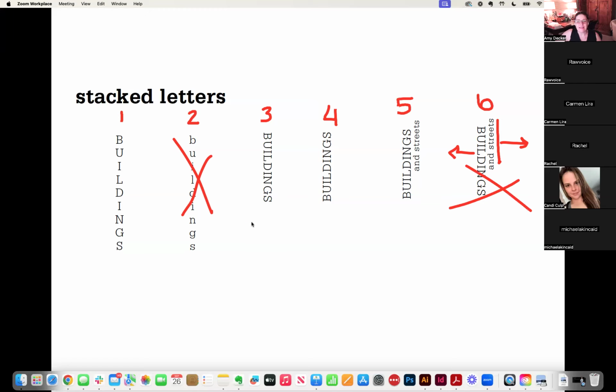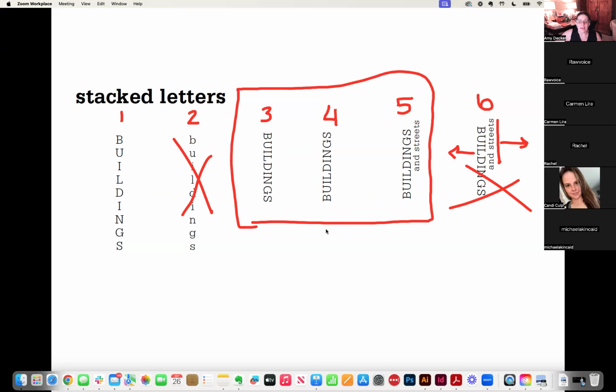Honestly, I think all of these others are totally fine. It just depends on the document or the spine of the book or the banner or whatever you're doing, how it makes sense to read it, but they're all perfectly fine. So those of you who had 3, 4, 5 are the ones that are saying.